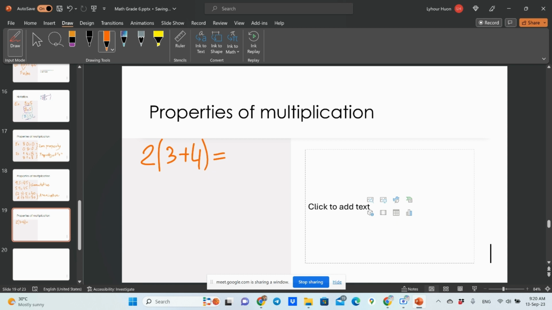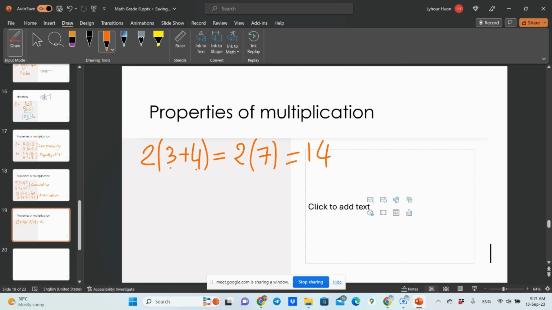First we do the 3 plus 4 because it's in the parentheses, and then we multiply by 2. 3 plus 4 is 7. So 2 times 7 is 14. Correct.